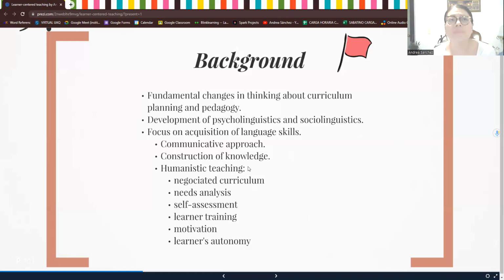That means that I'm a human, I make mistakes, I have my needs, and I'm not only Andrea the teacher, I'm also Andrea the daughter, Andrea the friend. I am Andrea the citizen in Querétaro, right?